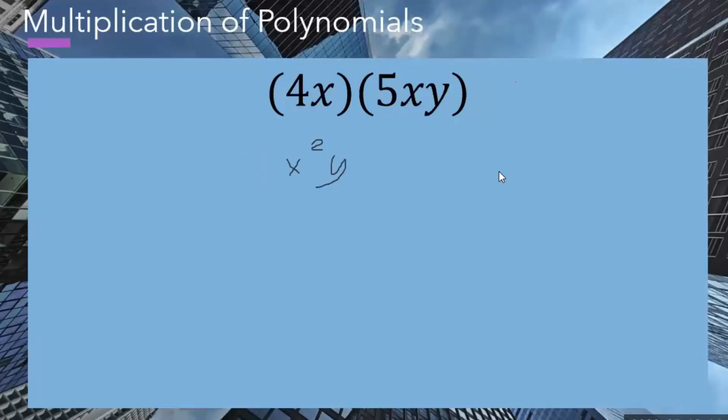Okay, 4 times 5, we need to multiply first yung mga digits. So that's 20. And then x times x is x squared, and y doesn't have any y on 4x, so we just copy y. Next.